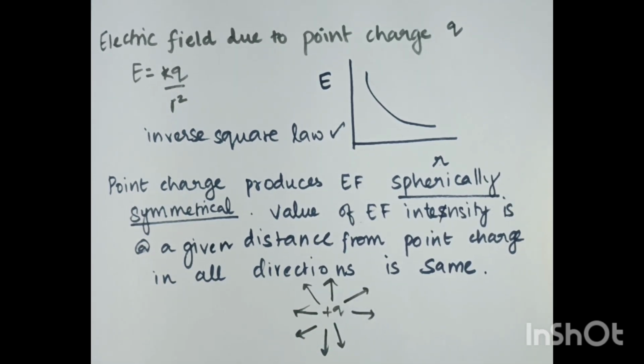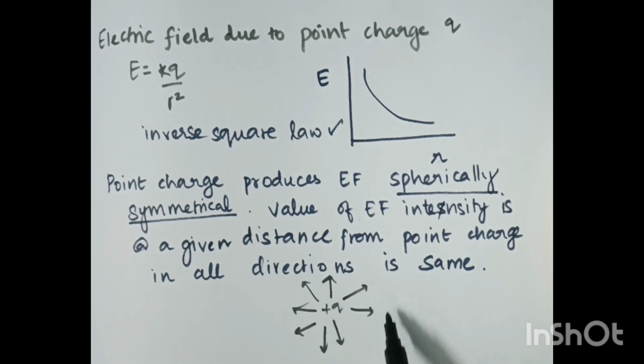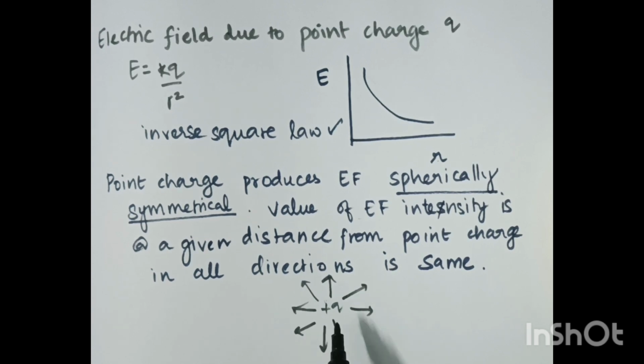We can assume it is spherically symmetrical. Here it is shown as a circle, but it will be in the upward direction, in the downward direction, everywhere. So it is like a sphere, please note it.